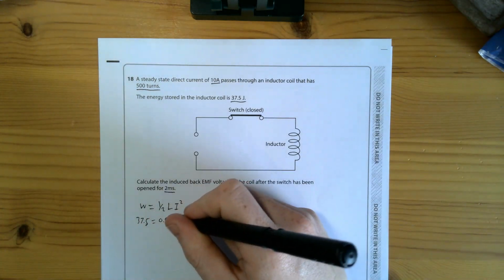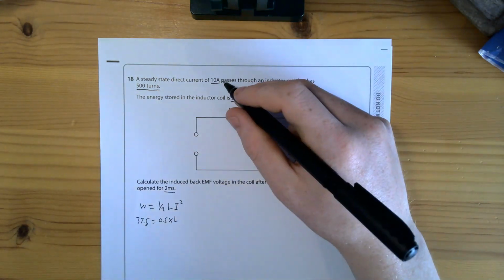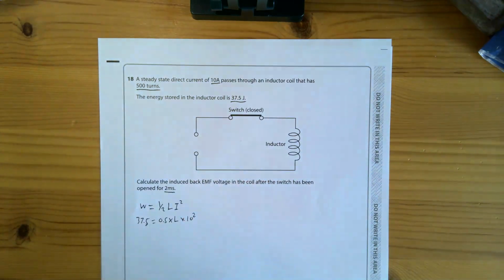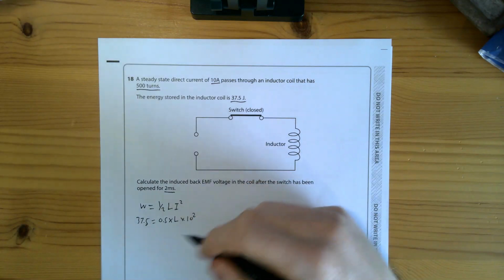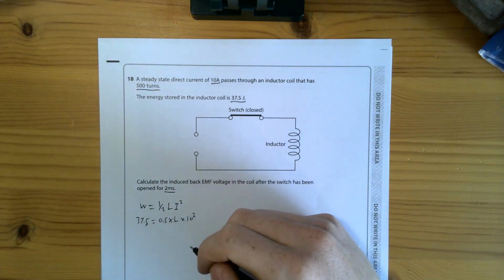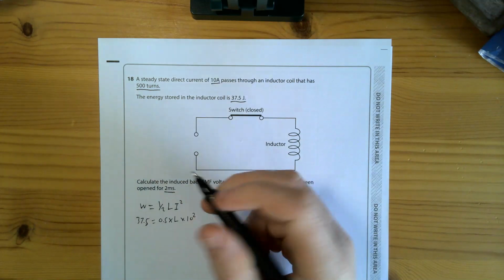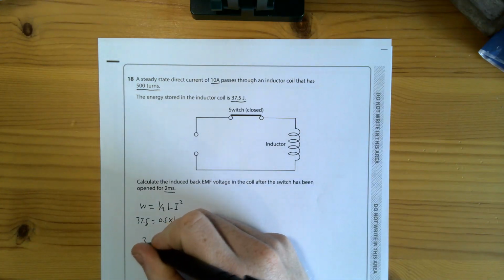We don't know what L is, and we've got I squared, I being the 10. So with that, I get to quickly rearrange this so that I'm solving for L. Divide by 0.5, so in other words times by 2, and then divide by 10 squared. Let's quickly rearrange this.